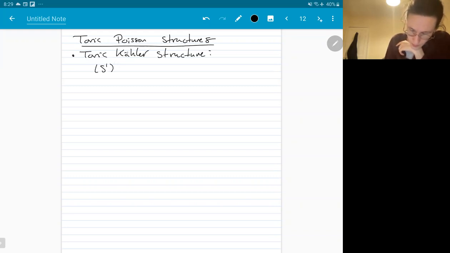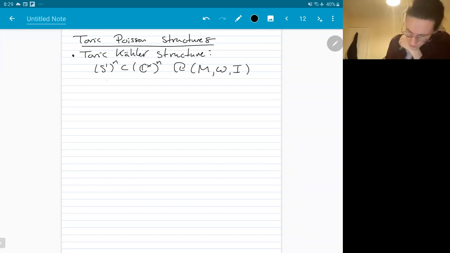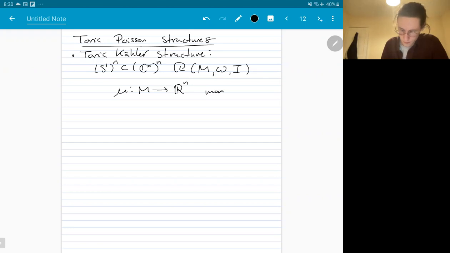We have a compact torus living inside of a complex torus, and this is acting on our Kähler manifold such that the action of C star preserves the complex structure, and the action of the compact torus is Hamiltonian for this symplectic form with the moment map. Okay, so what do we get from this?